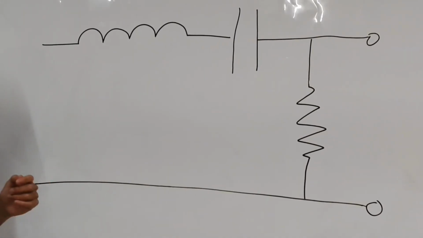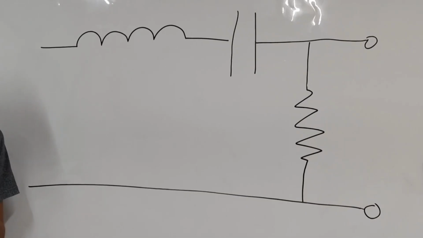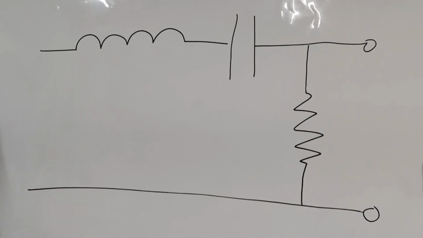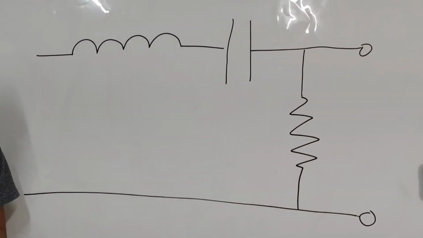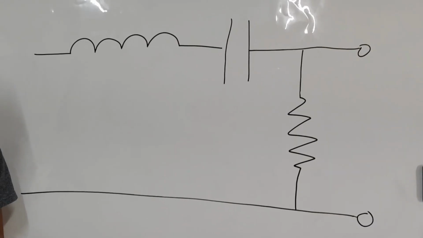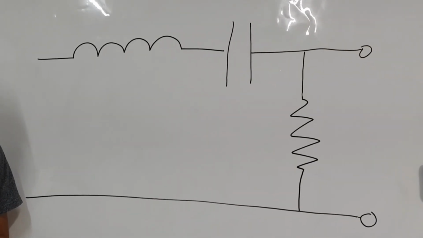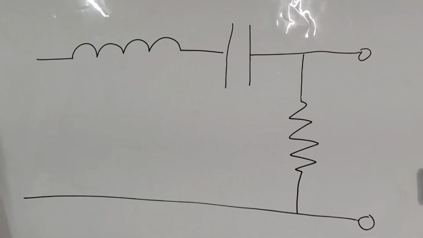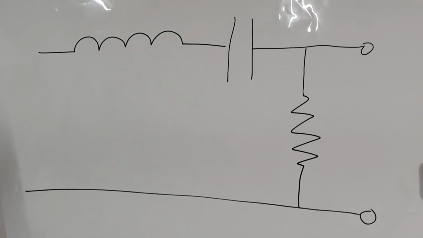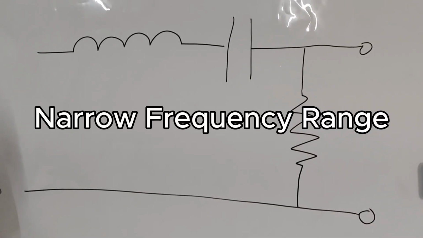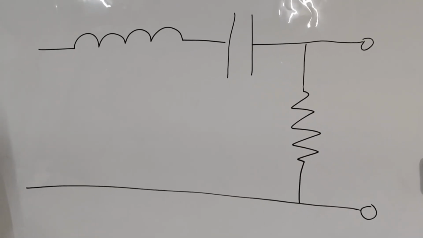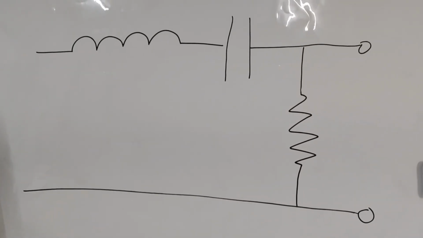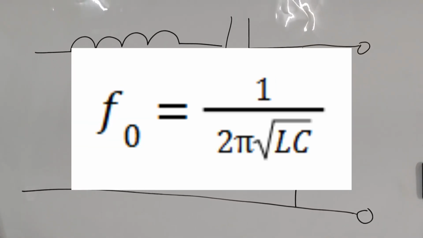However, at a certain intermediate frequency, the inductive and capacitive reactance balance each other. This condition is known as resonance. At the resonance frequency, the impedance of the circuit is minimized, and the output voltage reaches its maximum value. As a result, the circuit strongly transmits signal only within a narrow frequency range, forming a bandpass characteristic. The resonance frequency can be calculated using this formula.